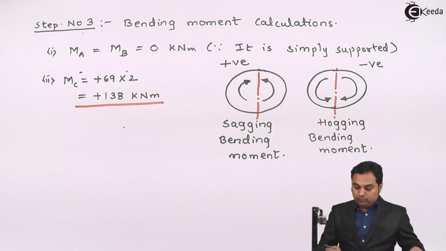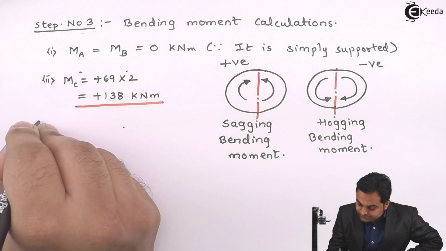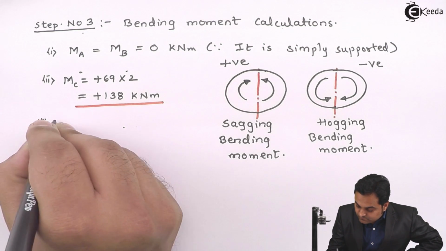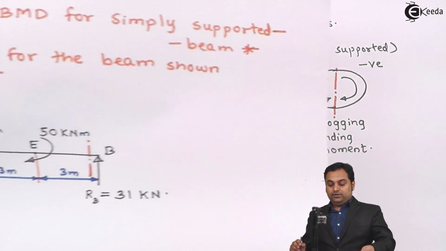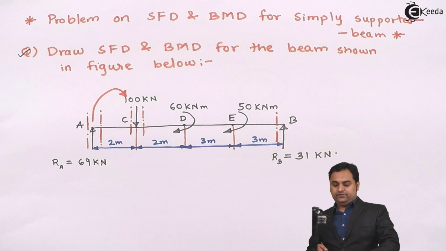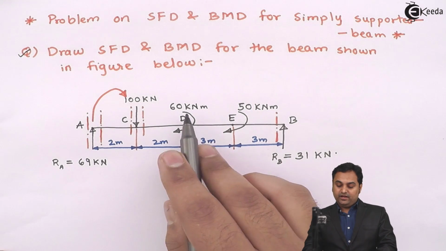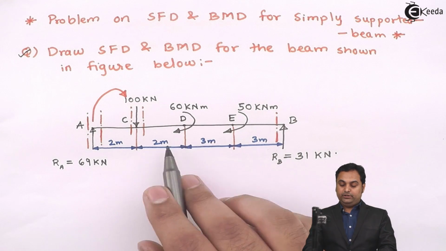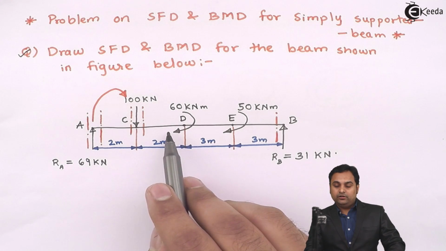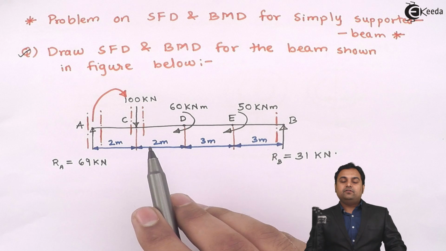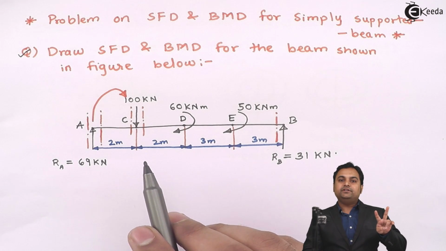Now moment at D is equal to, here the point to be remembered is, when we are having a moment which is acting at a point as shown in the figure, at D there is a moment given. So whenever the moment is given, we will get two values of bending moment.